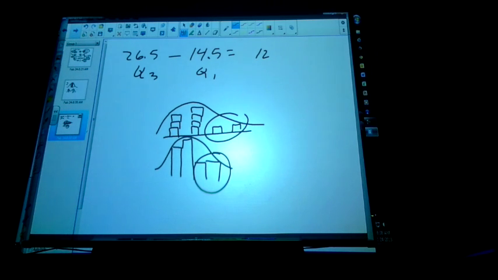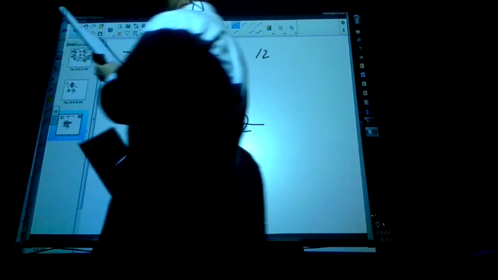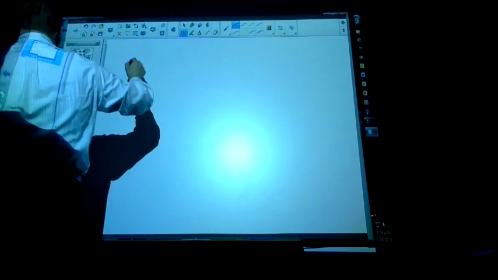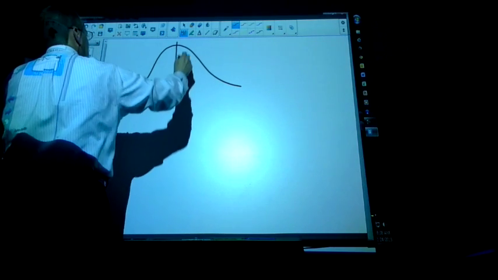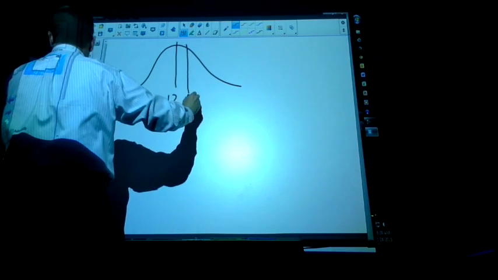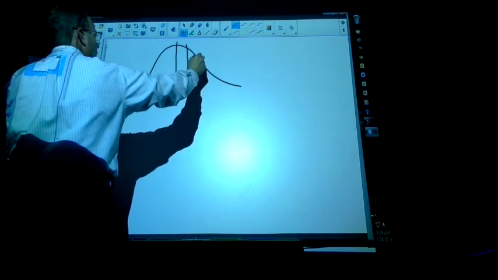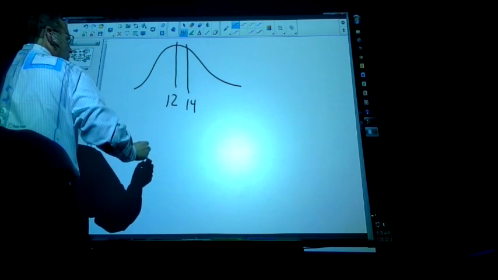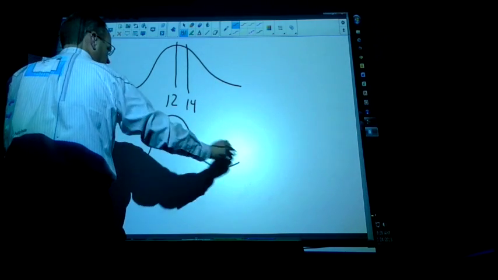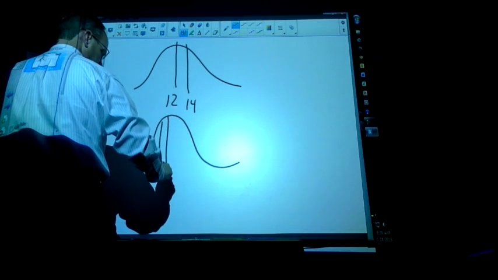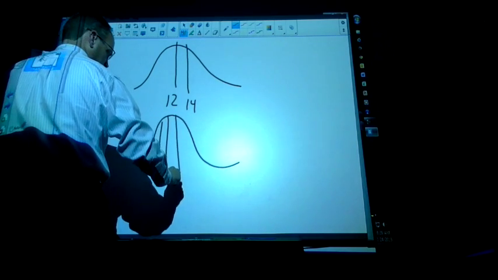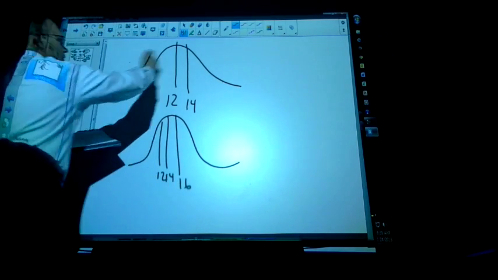What shape would each of the following distributions have? This is problem number 4. The mean is 12. So if we had a mean being 12, a median being 14, and a mode 16. It's actually going to look like this. This is not what it looks like.